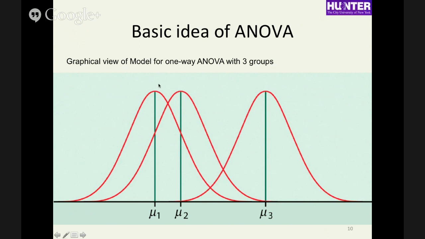You would take the average of all three of them, which would be somewhere about here, and for each one it would be the sum of the squares of the differences of that mean to the grand mean, the mean of all of these three means.